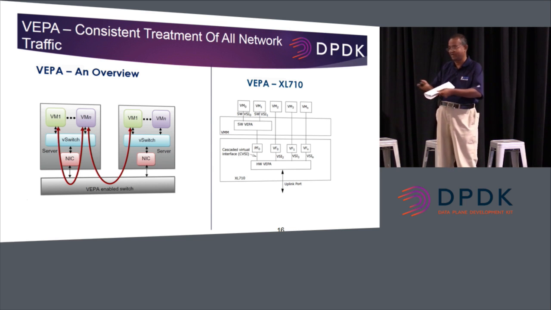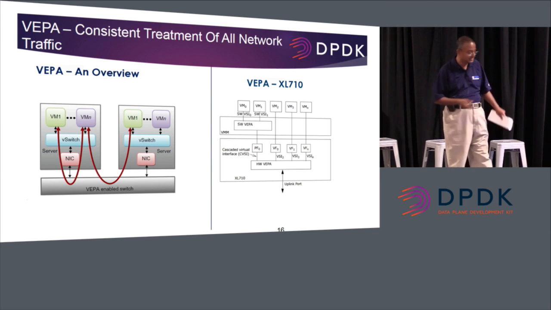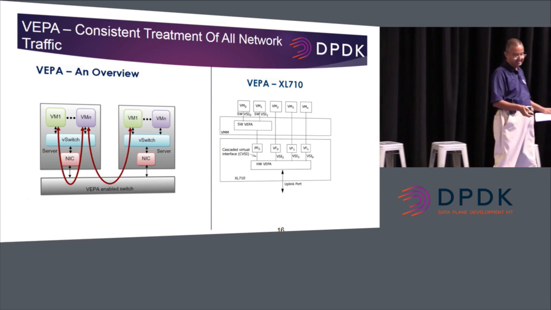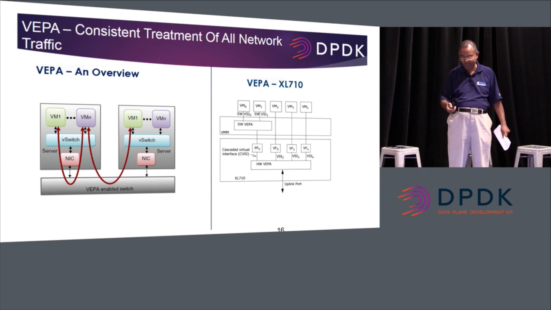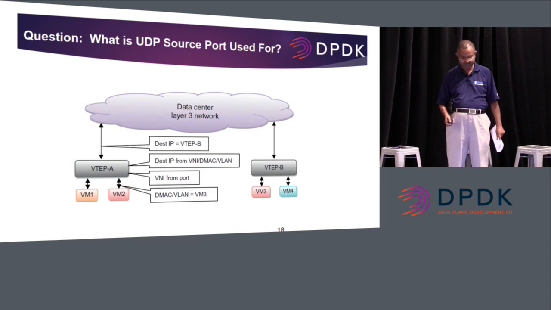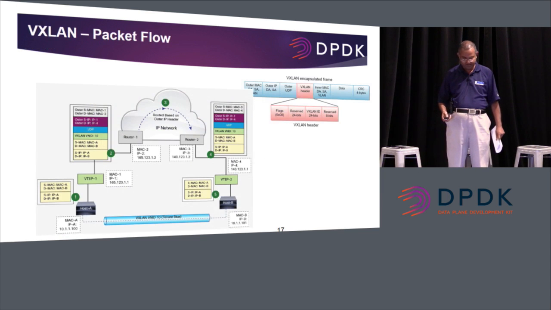Now you have a spanning tree protocol and you are not able to use the network infrastructure effectively. So there are a lot of new standards coming. But again, this is just an example of how VEPA is used. And on the right side, you are seeing how VEPA is implemented in our 10 gig. So this is the packet flow of how VXLAN is used and how we have that.